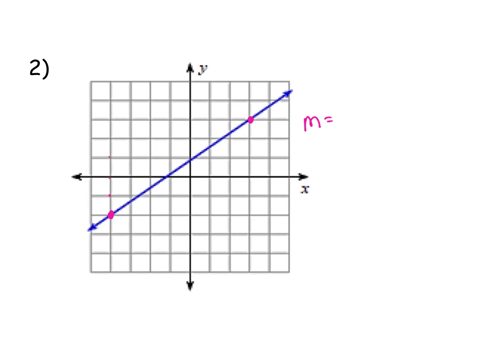Okay? So if I count my rise, right, how far did I rise? 1, 2, 3, 4, 5. I'm here. I'm going to just mark it here. I'm going to here. 1, 2, 3, 4, 5. Yeah, sure.